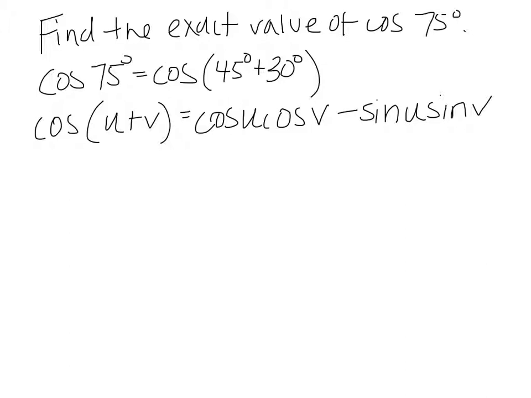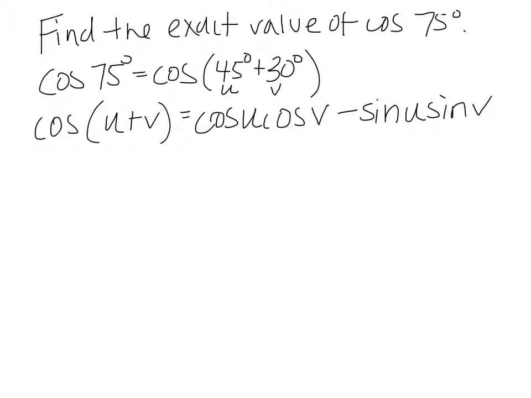What am I going to treat as my u? The 45, and my v is the 30. If you look at your cosine formula, cosine of u plus v, they're opposite. We said that 45 is going to be our u and 30 is going to be our v.